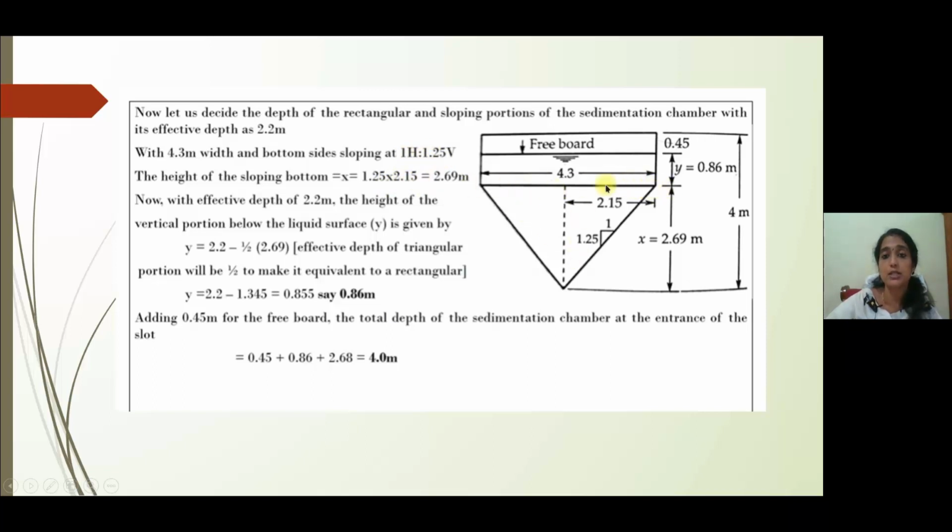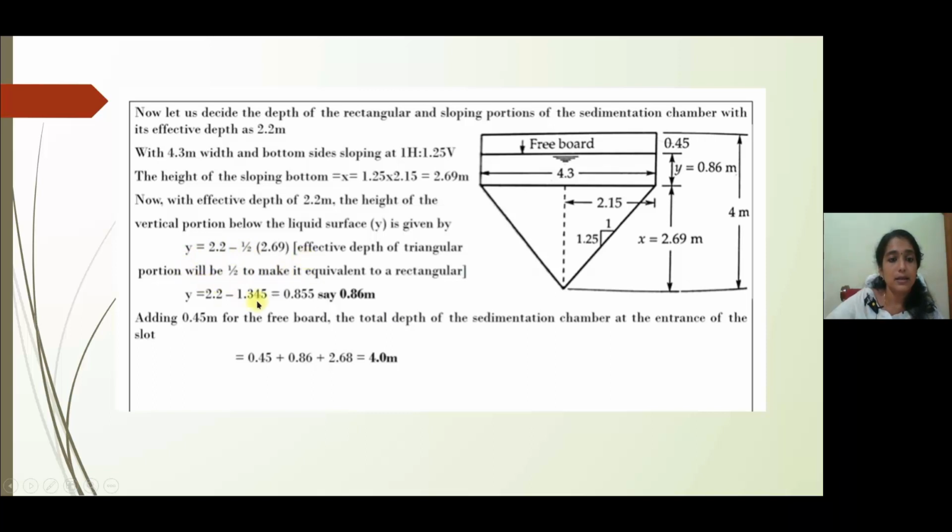That is, the total width is 4.3, and 4.3 divided by 2 into 1.25 gives the depth of the conical portion as 2.69 meter. Now, with the effective depth of 2.2 meter, the height of the vertical portion below the liquid surface, y, that is the rectangular portion, is given by 2.2 minus half into 2.69.